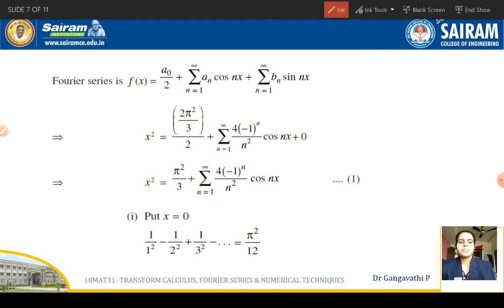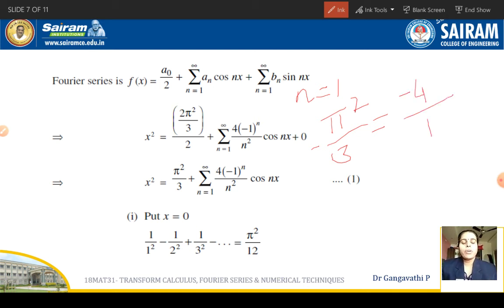Otherwise, when n is equal to 1, in equation 1, we get x value is 0. So when n is equal to 1, we get pi square by 3 is equal to, so minus that I am transferring towards the other side, minus 4 by 1 into cos 0.